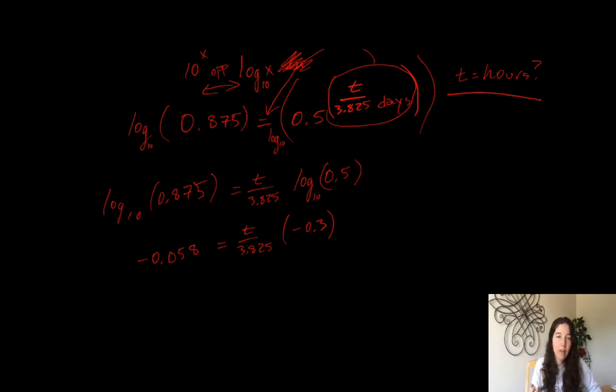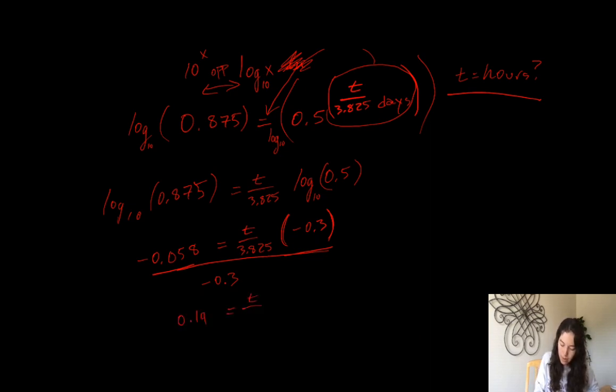So when you put the log values into your calculator, these are the numbers you should end up with here. Now we need to isolate t by itself. So we're going to do our inverse operations. Because this is multiplied here, we're going to divide both sides by that, divided by 0.3. That gives us 0.19, which is equal to t over 3.825.